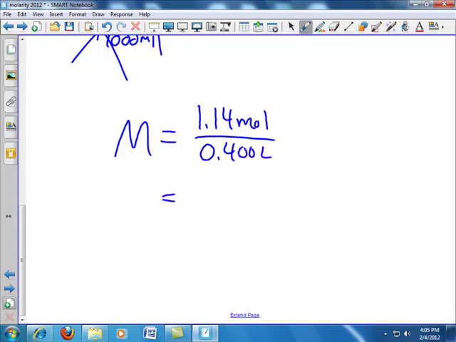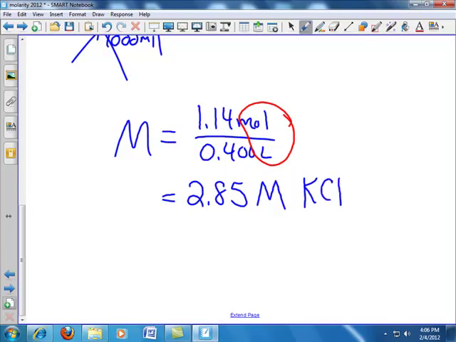So my molarity is going to be 2.85. And now, remember, moles per liter is a capital M, molar. And then this is KCl. So this is how we would write the answer to this question.